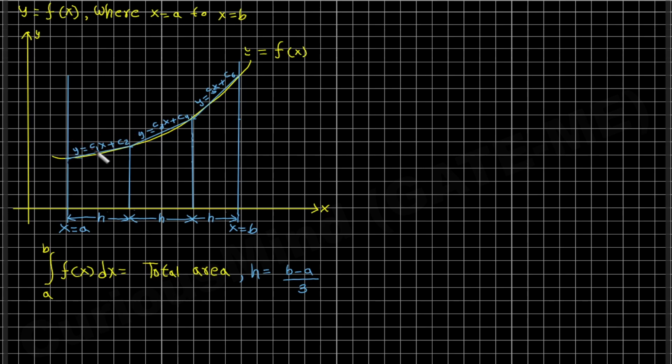All right, so the order of a polynomial of a straight line is equal to 1, and the corresponding numerical integration technique becomes the trapezoidal rule. Why? Because here in each subinterval we have a triangle, which is a right triangle, and a rectangle.